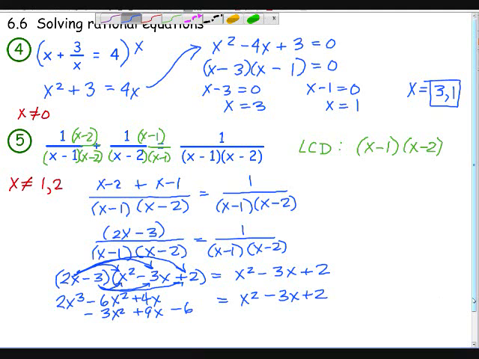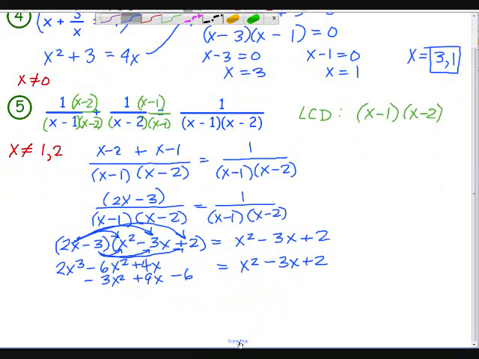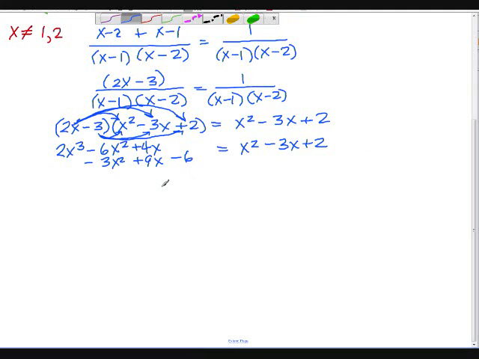Let's see if we can move this down a little bit. Maybe extend the page. Get this out of our way. I'm going to add like terms.